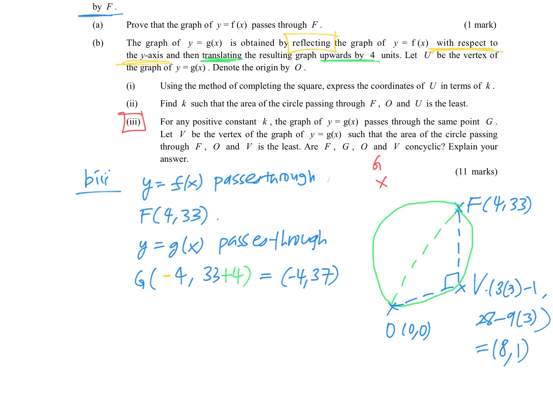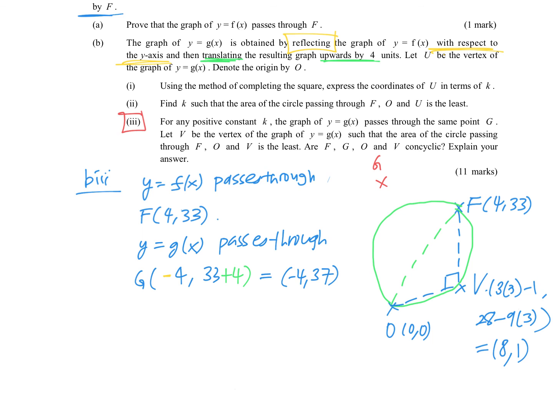But we don't need to know because we just want to know, would F, G, O, V really be concyclic or not? Now don't forget FOV is already concyclic. FOV is already concyclic, so that's why we have the circle passing through these 3 points, and then the corresponding area is the least. Now we just try to see whether G will also lie on the green circle as well.